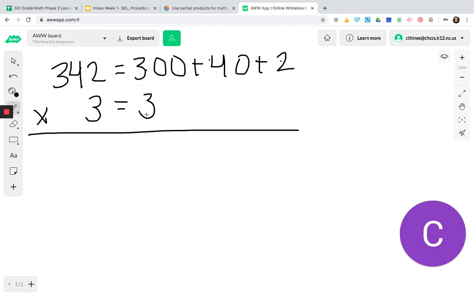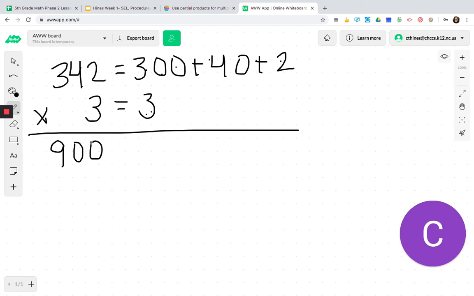That is what gives us what's called the partial products. We're going to start with 300 times 3. I know that 3 times 3 is 9, and I can see that there are 2 zeros here, so my answer is going to be 900.